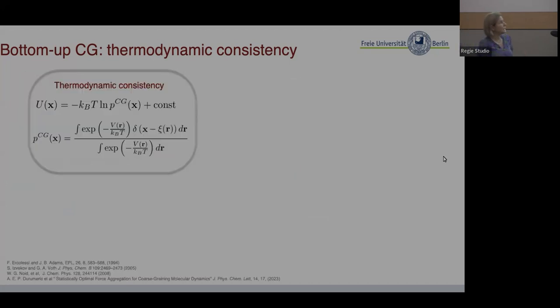This is not possible directly, but people have worked out, starting from the 90s, from Ercolessi and Adams in 94, that this thermodynamic consistency can be reformulated variationally.